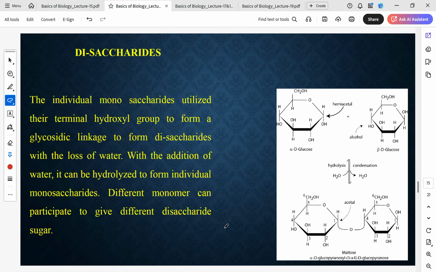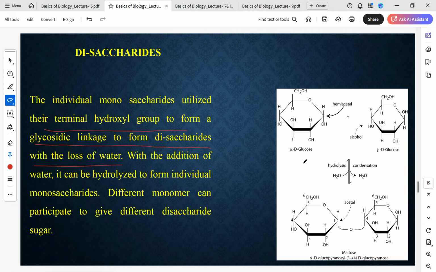So we know about monosaccharides now. Next is disaccharides. The individual monosaccharides utilize their terminal hydroxy group to form glycosidic linkages to form disaccharides with a loss of water.